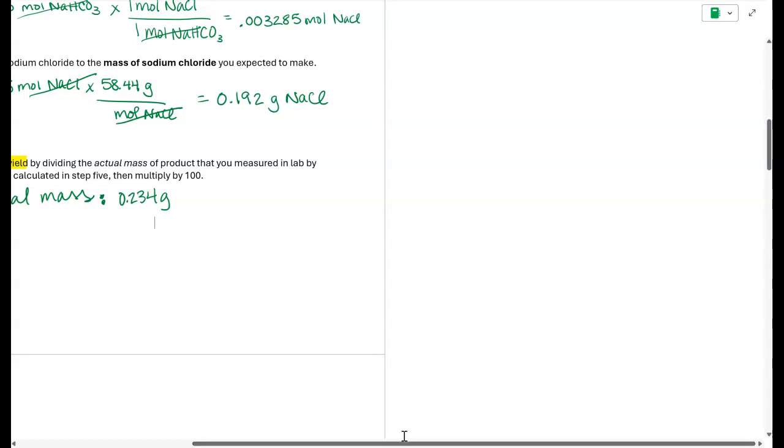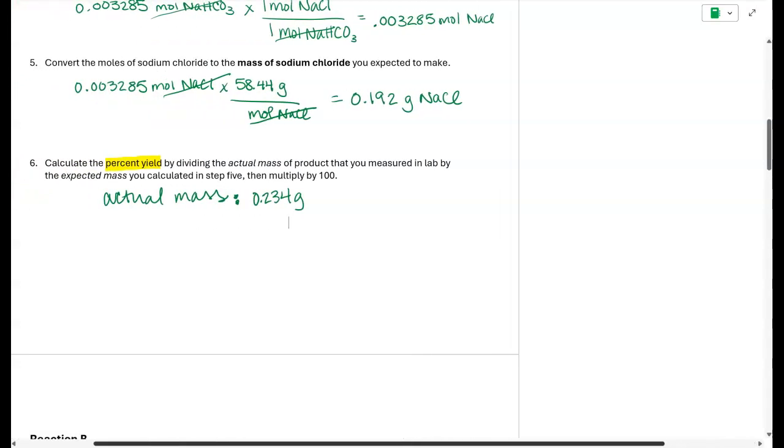And then I look at my theoretical yield, and that's what I did in step 5. I'm going to put that in the denominator, and that is 0.192 grams.